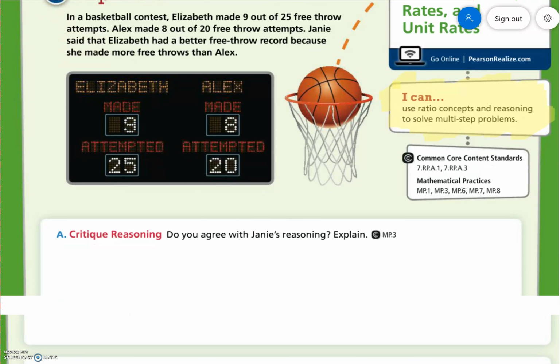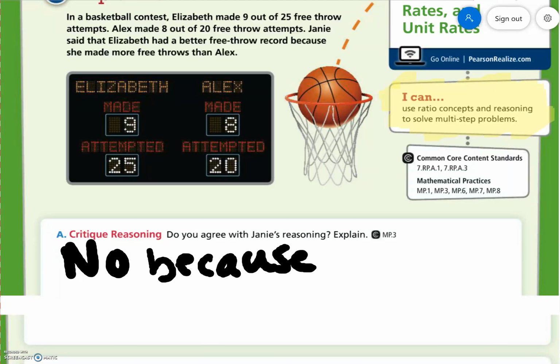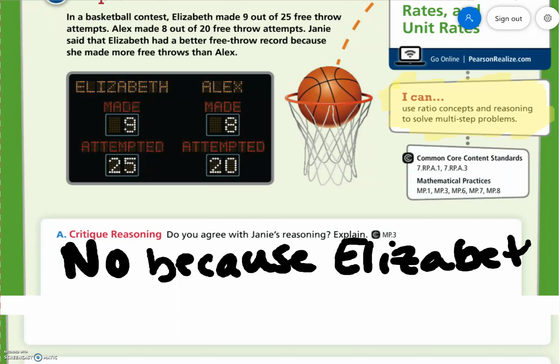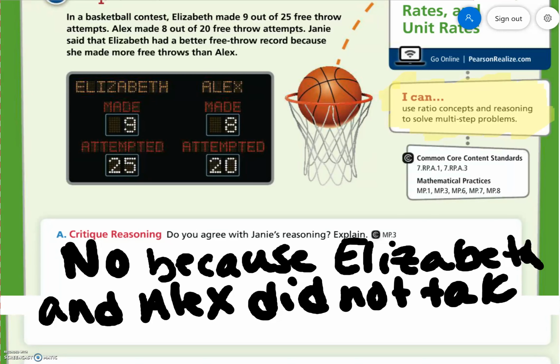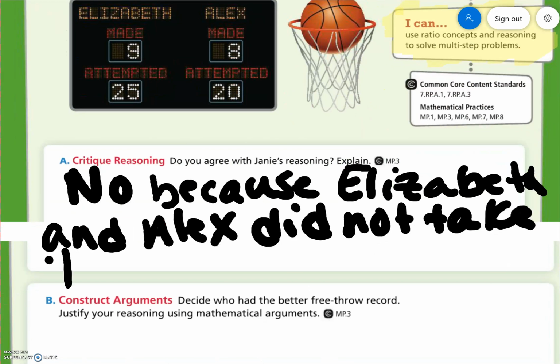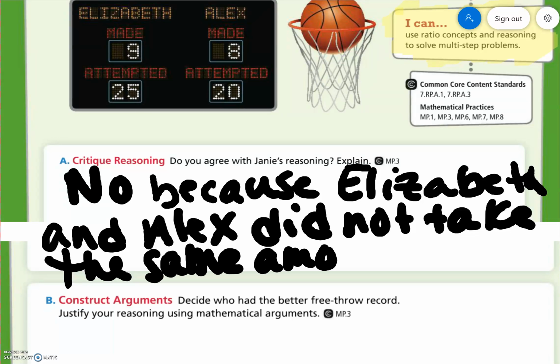So, Janie's reasoning. I don't necessarily agree with it. No, because Elizabeth and Alex did not take the same amount of shots.